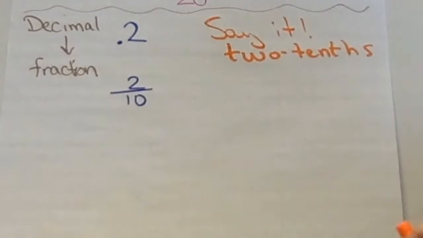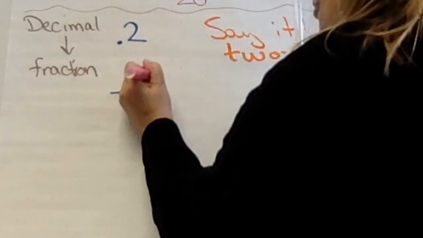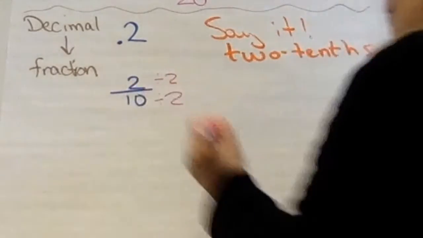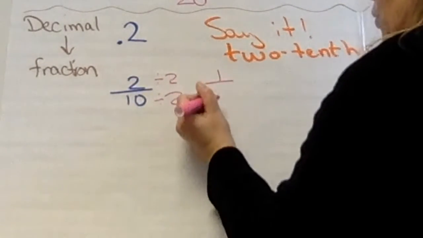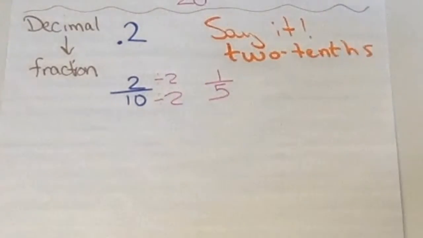And then you simplify it. Is there a common factor that goes into both of those evenly? Yeah. What? 5. Or 2, maybe. 2. So you've got to divide the top and the bottom by the same number. Yeah, so 0.2 is actually 1/5.